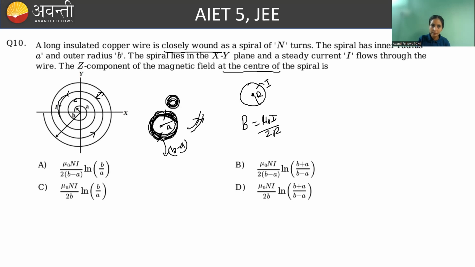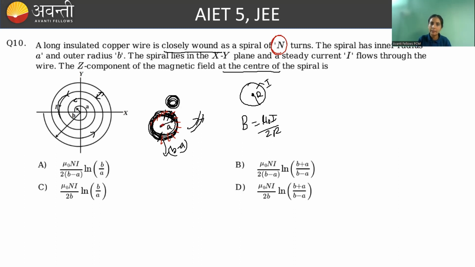Together they form a region having an area, and through this area current is flowing. This area has N turns of coils.